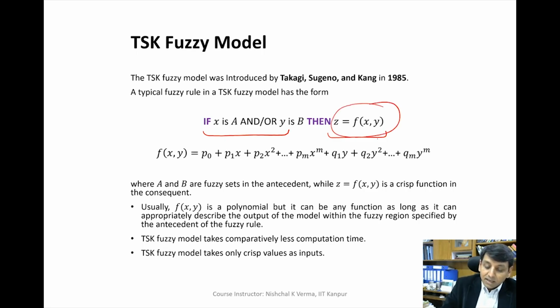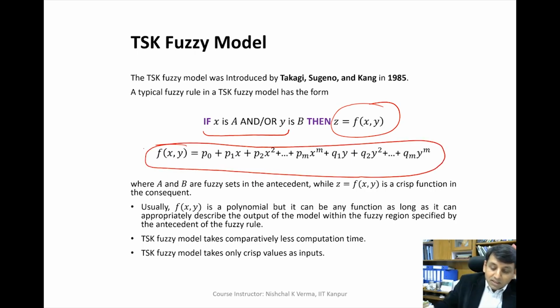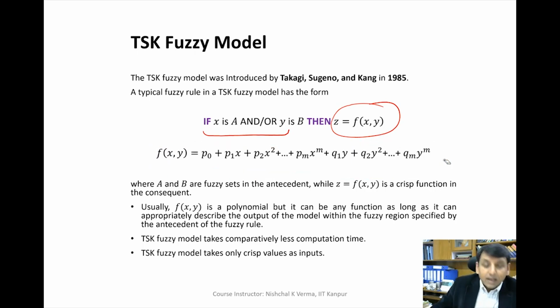In the TSK fuzzy model, we have the output in terms of a polynomial. And this polynomial is of the form f(x, y), that is, a function of x and y, if x, y are the inputs.